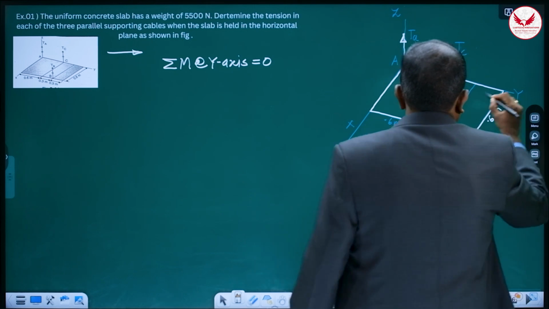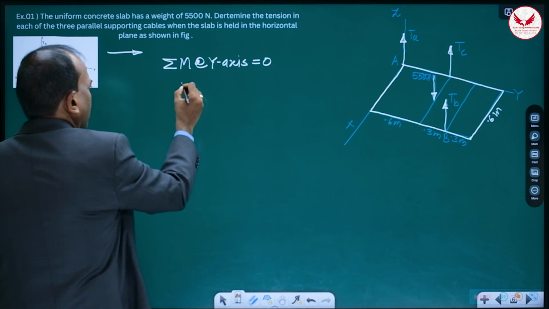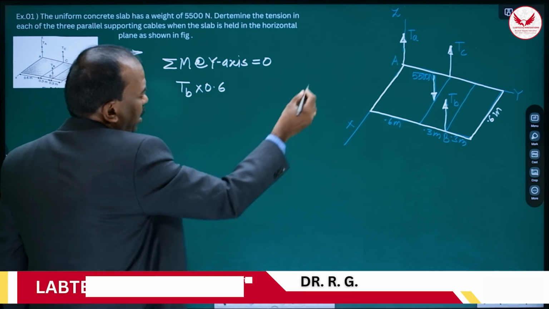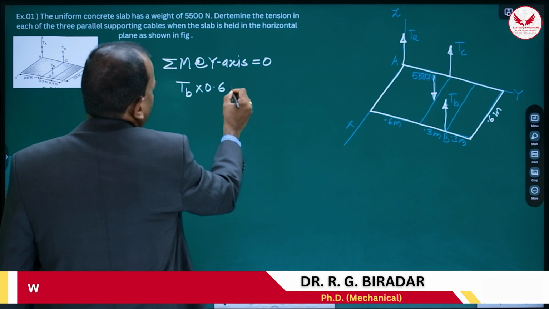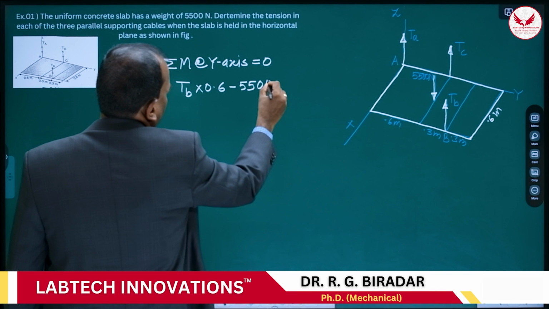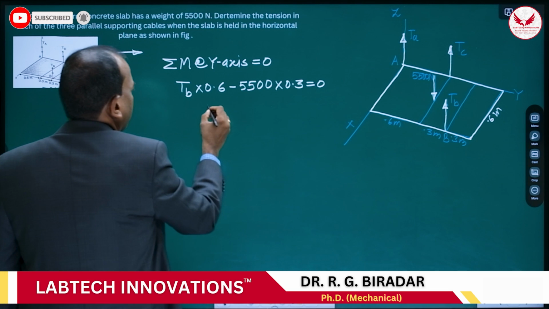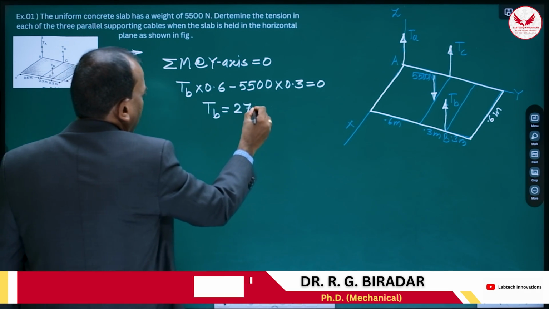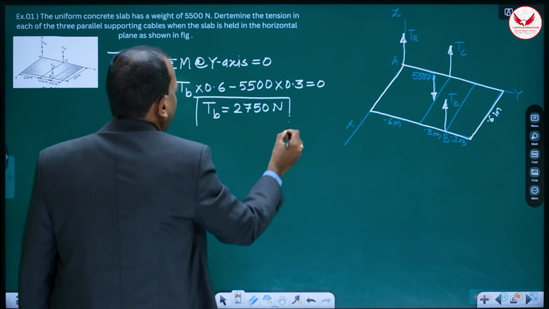This is 0.6 meter. TB about y-axis, TB into 0.6. And the moment of 5500 about y-axis, it is anti-clockwise, minus 5500 into 0.3, half of it, it is equal to 0. Means TB is 2750 Newton. Means out of 3 answers, we got 1 answer.